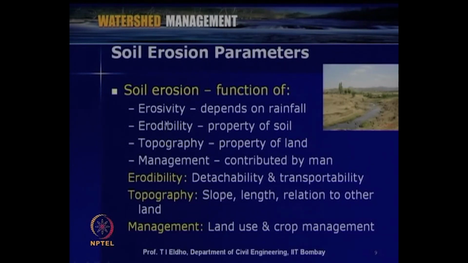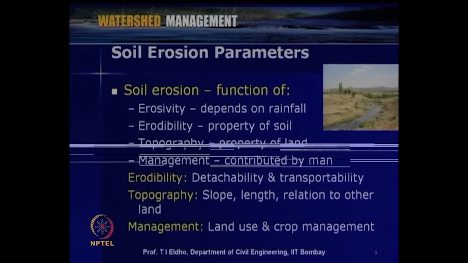Then the fourth parameter is management, especially management of the land. As we have already seen in the previous slide, this is contributed by man or cattle and various activities.